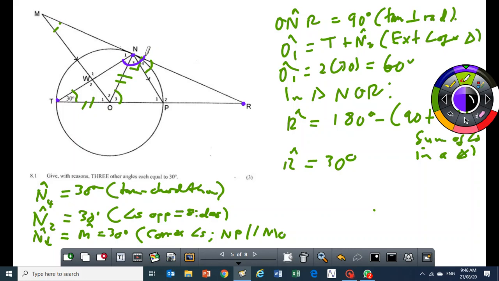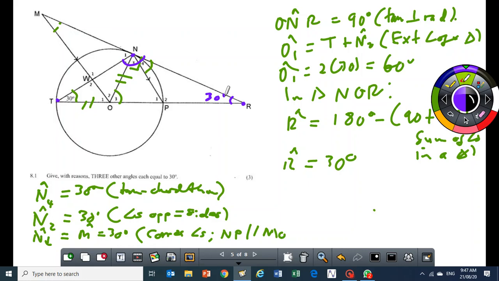It's very simple because we know what R is. Those of you who didn't get that R first, how did you get the R? Yes, N4 is equal to 30 because of the cyclic theorem, because it's equal to T. Good.